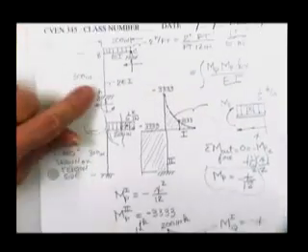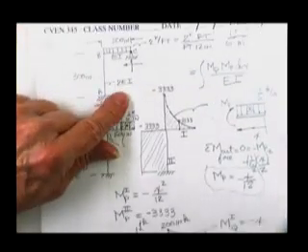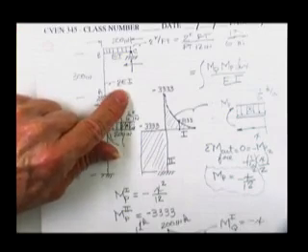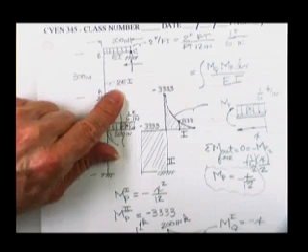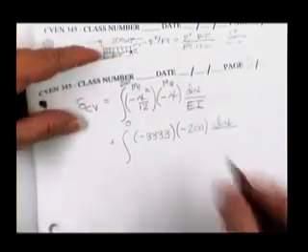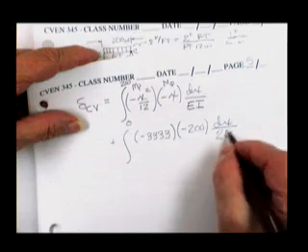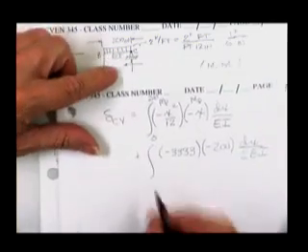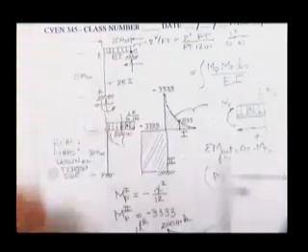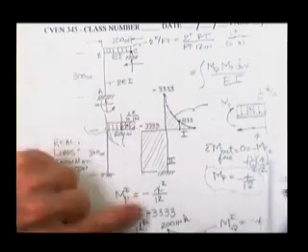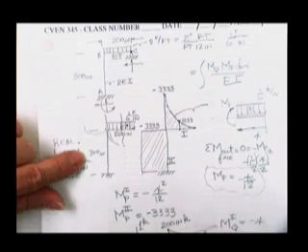When I talked to the boss, he told me that the column had 2 times the moment of inertia, or it's made out of a material that's twice as stiff as steel or something, but the EI there is a 2EI. So I divide by 2EI. And that gets integrated from x equals 0 to the end, 300.